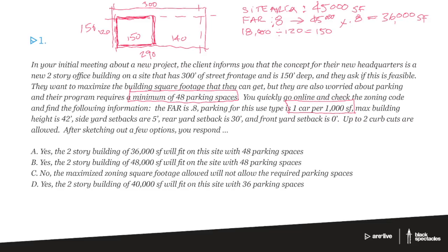Well, that's going to actually work out just fine, because if you think about a parking lot, I'm going to draw one right over here. Typical parking lot is going to be 19 feet by 9 feet with a drive aisle of, say, 22 feet, maybe 24 feet.